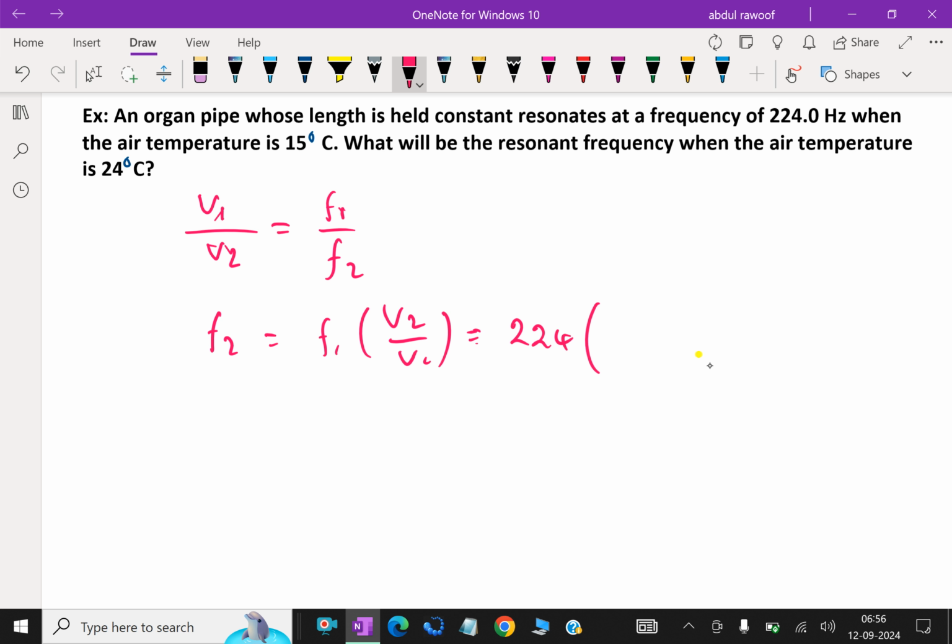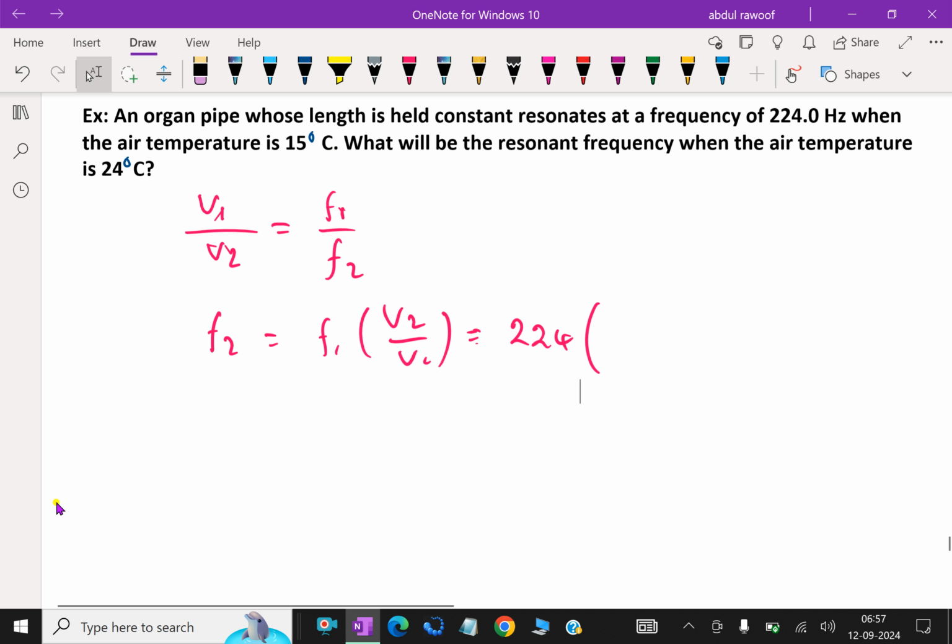224 into, here regarding the temperature, the speed of the sound is changing. V1 is at 15 degrees Celsius. Now V2 is at 24 degrees Celsius.